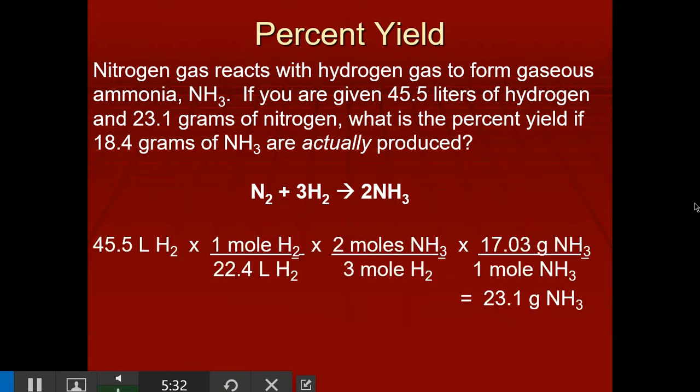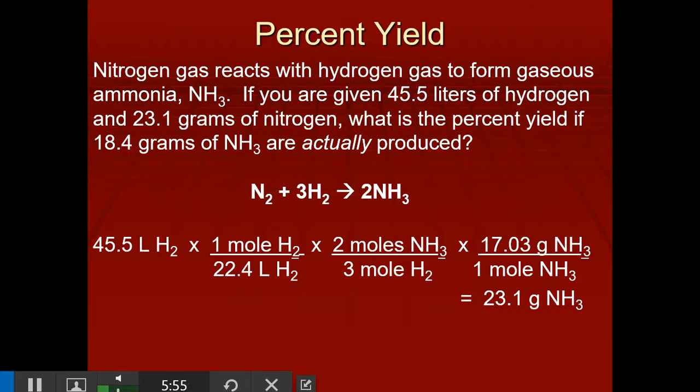Well, if we know that hydrogen is our limiting reactant, because we have already previously figured that out in our last set of notes, I'm going to use the amount of hydrogen to calculate how many grams of ammonia, our product, will be made.